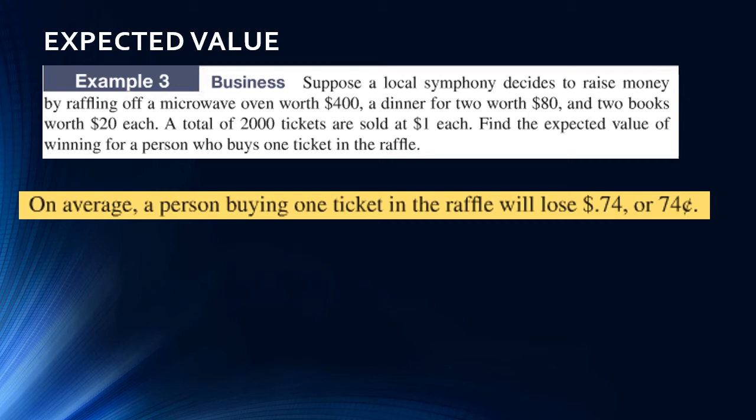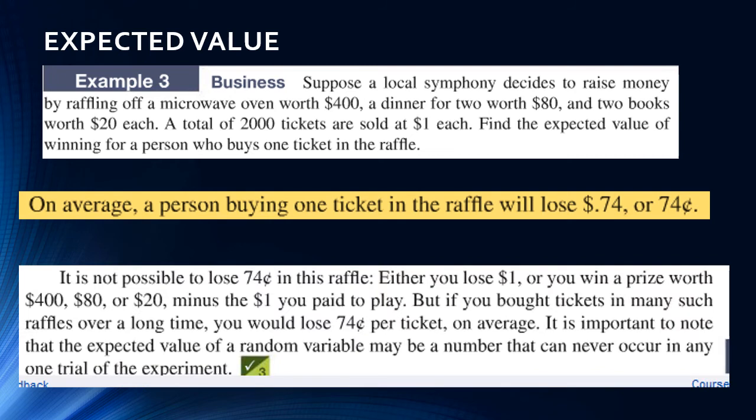So we were looking at this problem. We figured out that on average a person will lose 74 cents. Well, it's really not possible to lose 74 cents in this raffle, right? You will either lose $1 or you'll win a prize worth 480 or 20 minus the $1 you paid.